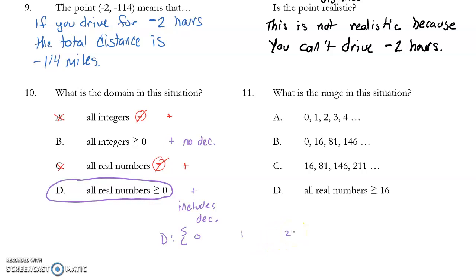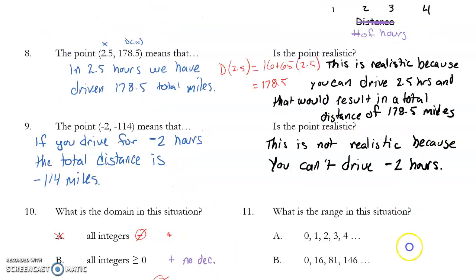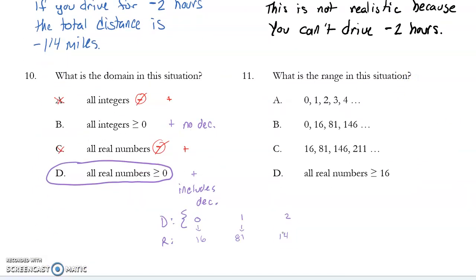Well, if I mapped that to my range or my output, if I drive for 0 hours, I plug that into my function rule, I'm going to get 16 because I've already started 16 out. And if I drive for 1 hour and I plug that into my function rule, then I'm at 81 miles. If I drive for 2 hours, I'm at the 146 miles. That's up there.